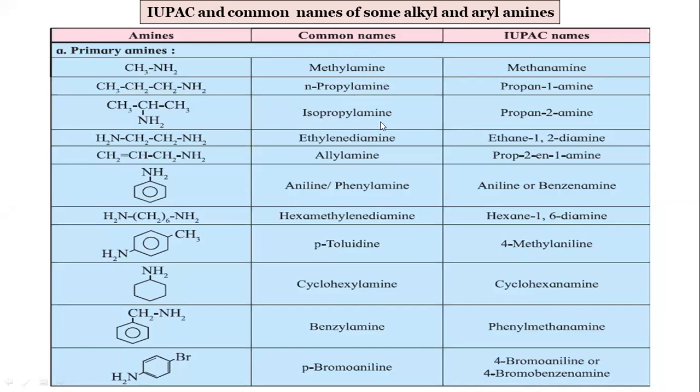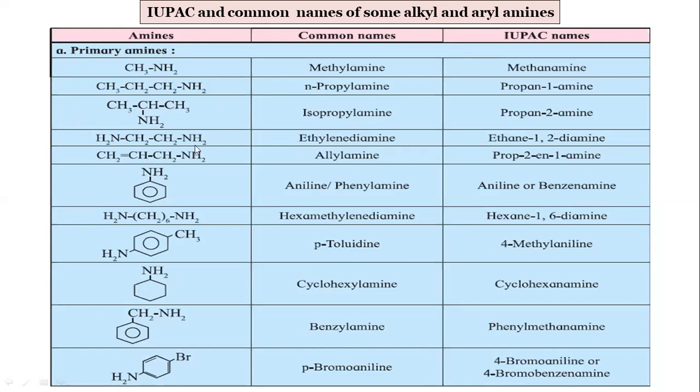Then this is isopropylamine. You know what is meant by isopropyl group? The second carbon having the CH3. If this is one carbon, and this is the second carbon having one CH3, and the amine is attached, so it is isopropylamine. Then this is ethylenediamine.